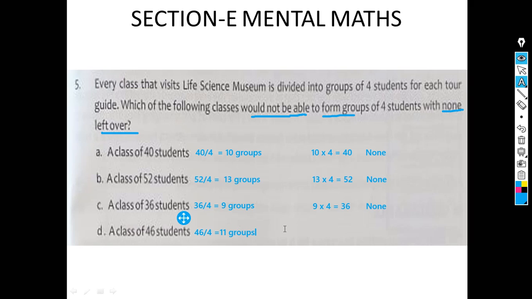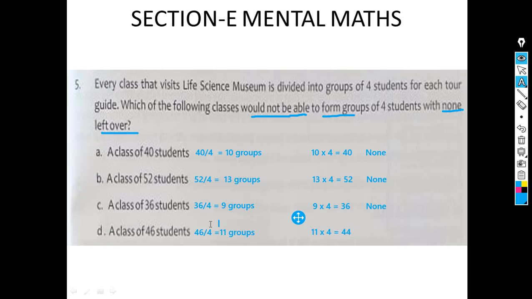If we want to check it, 11 into 4 comes out to 44. So you can see that the total number of students is 46, and 46 will be divided into 11 groups, where each group will have 4 students, but the total will make 44.